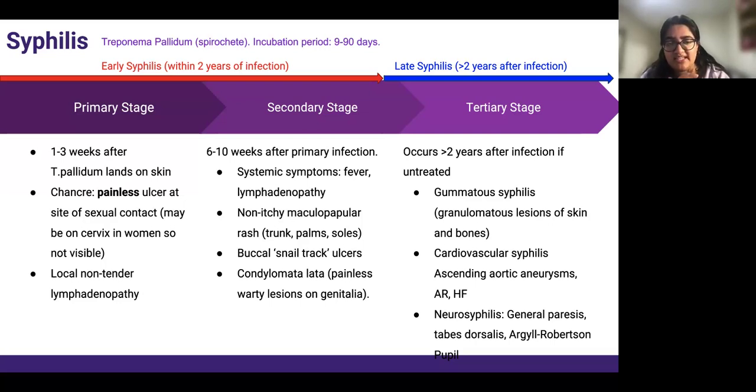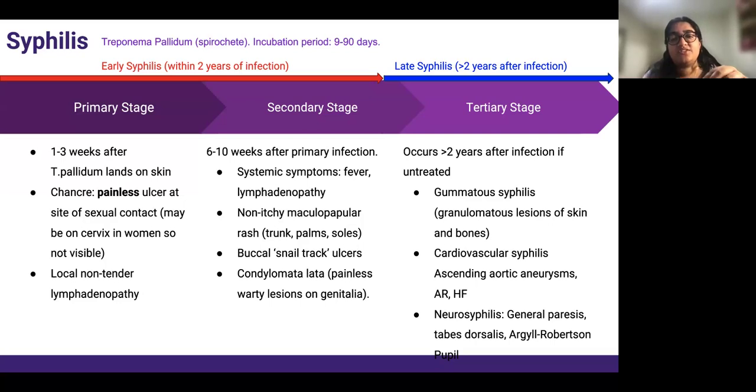And then the secondary stage consists of the spirochete making its way into the bloodstream. This happens about 6 to 10 weeks after the primary infection. And during this time, the person is most infective, so they're more likely to transmit their syphilis onto somebody else.